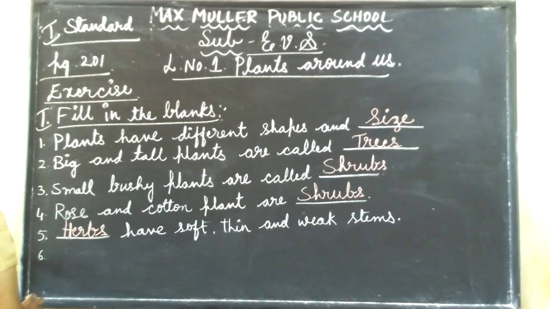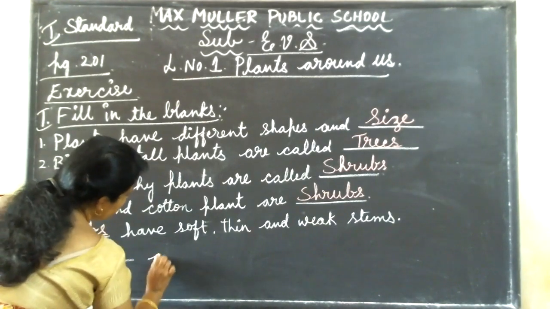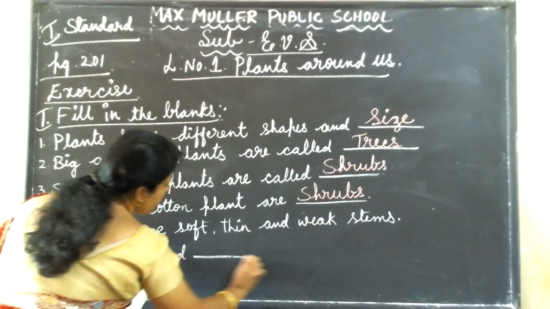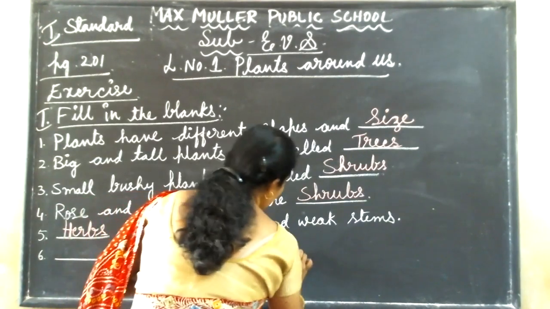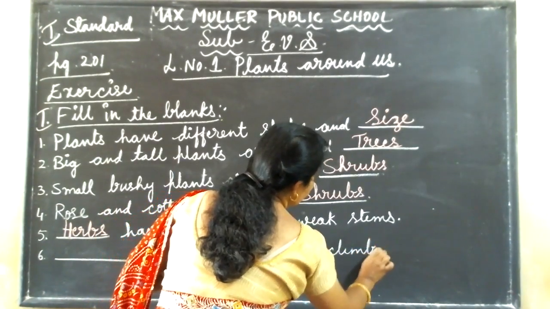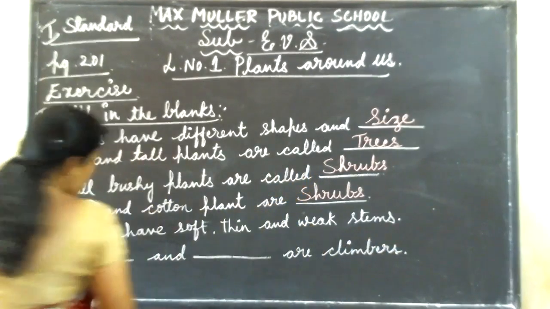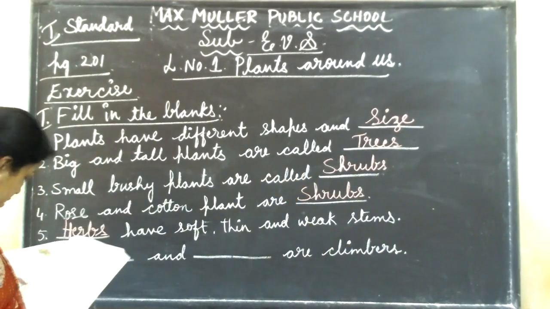Dash and dash are climbers. Which are climbers? Tell me the example.